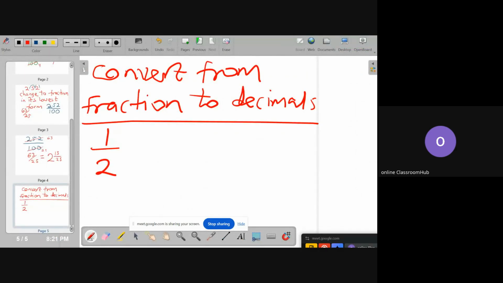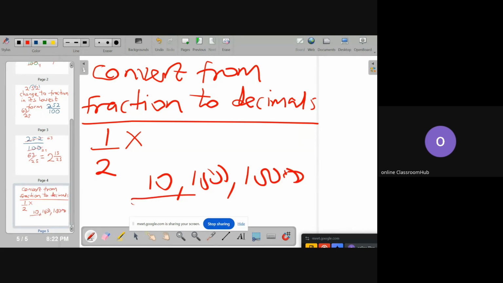Which number should we multiply so that we have the denominator to be a power of 10, as in 10, 100, 1,000, 10,000? This is a power of 10. So we want to multiply the numerator and denominator by a number that will make the denominator a power of 10, that is 10, 100, 1,000, 10,000, 100,000, like that.